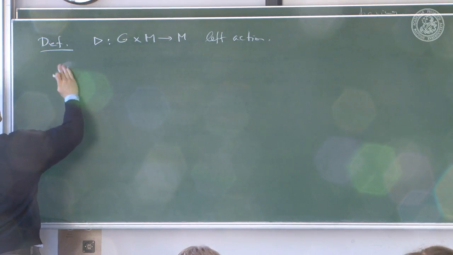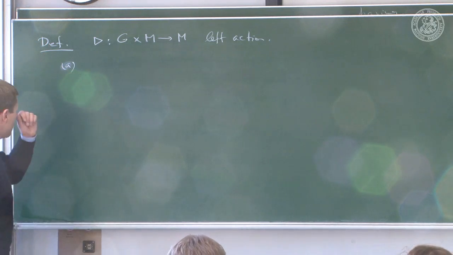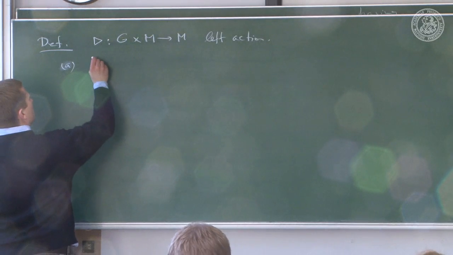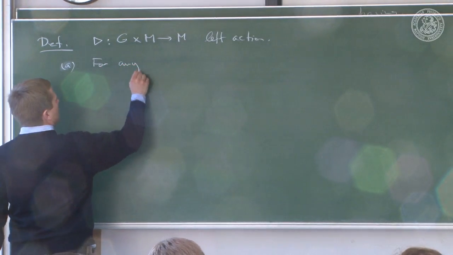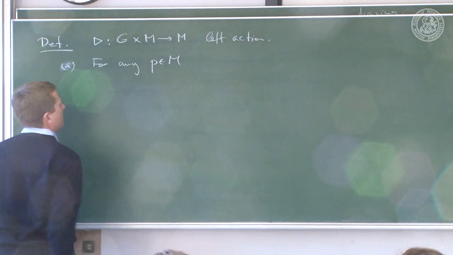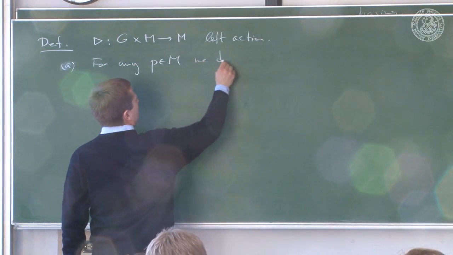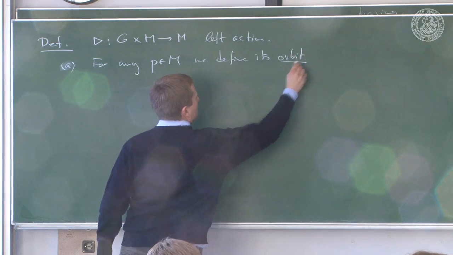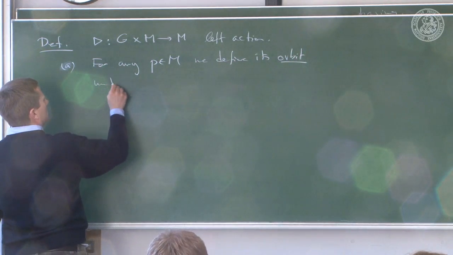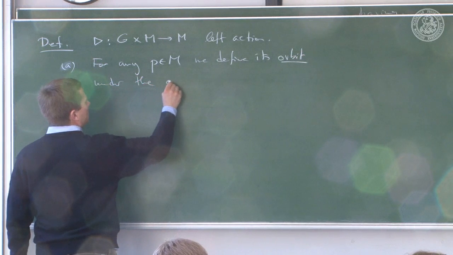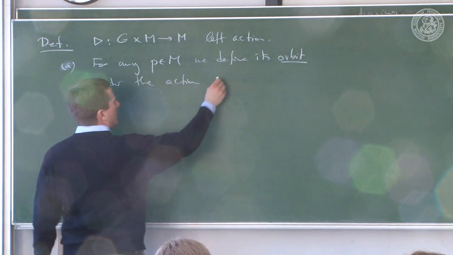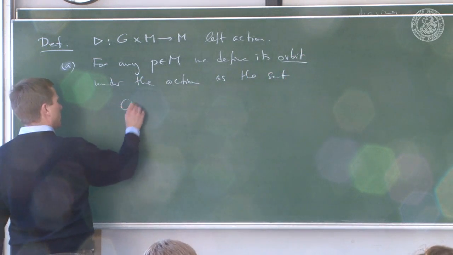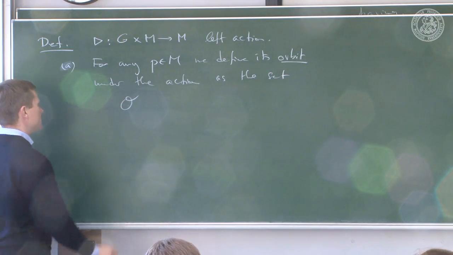Then we define the orbit of a point. So for any point p in the manifold, we define its orbit under the action as the set. So the orbit, well, let's choose a curly O. It's not a topology, it's an orbit.